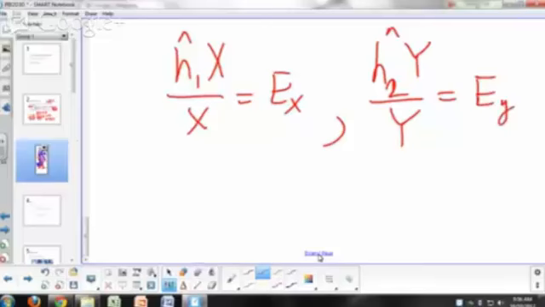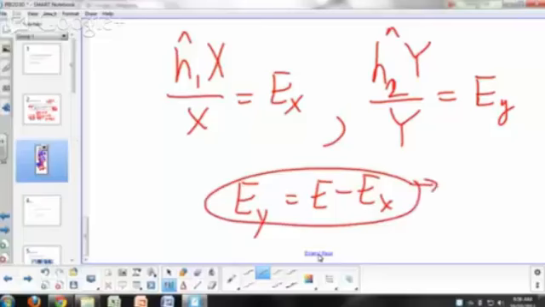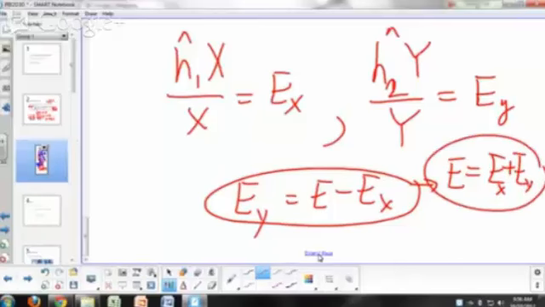And how is e sub x and e sub y related? E sub y equals e minus e sub x, or how can I rewrite this? E is just e sub x plus e sub y. All right?